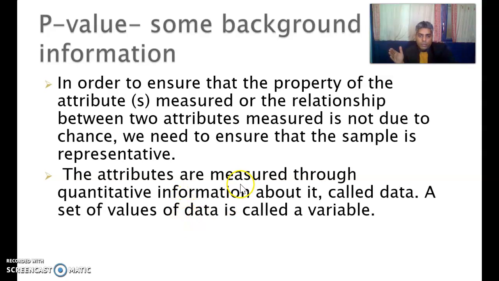Now it's very important to consider that since the values of the variables or the attributes of the apples are subject to change or variation with each particular unit of that population or the sample, that is why it is important to draw a representative sample.